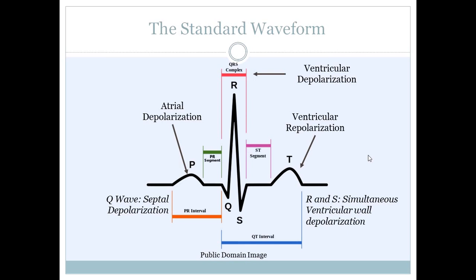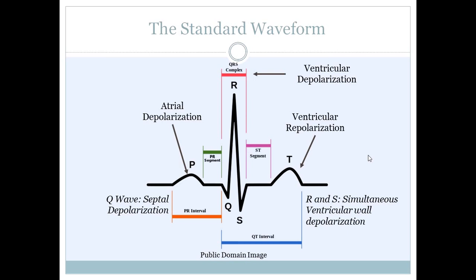The P wave represents atrial depolarization. It is, in lead 2, the progression of the atrial electrical impulse as it moves from the SA node into the junctional space in the AV node. The QRS complex as a whole represents ventricular depolarization.